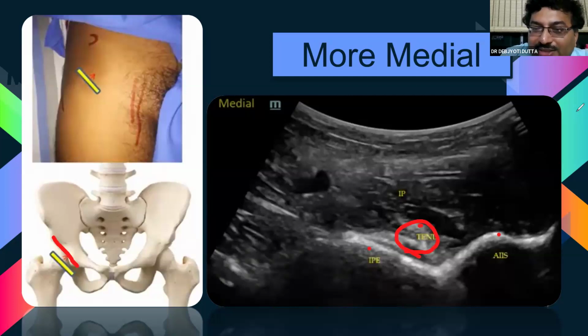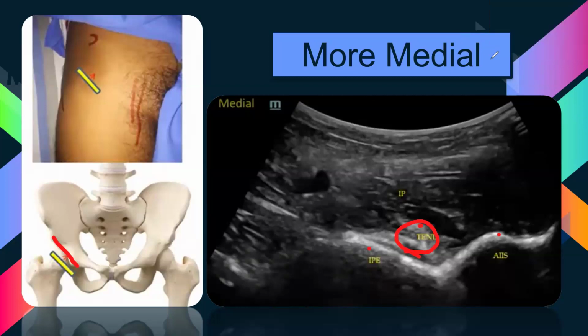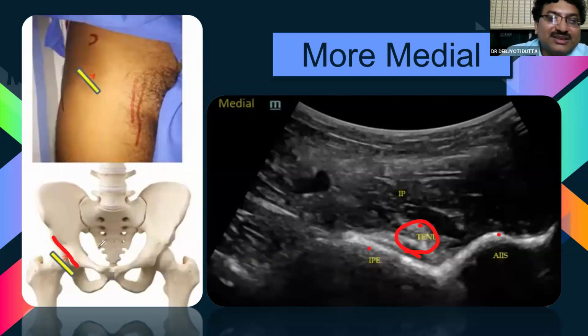This is a very good site for a block. Can anyone tell what is the name of this block? This is the anesthesia question. PENG block. Very good. This is the PENG block. From the lateral to medial side, you can come and inject just posterior to the tendon, and this is known as the PENG block, which is given post-operatively following a hip surgery for post-operative pain relief.